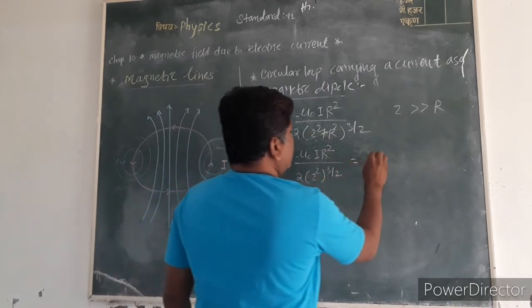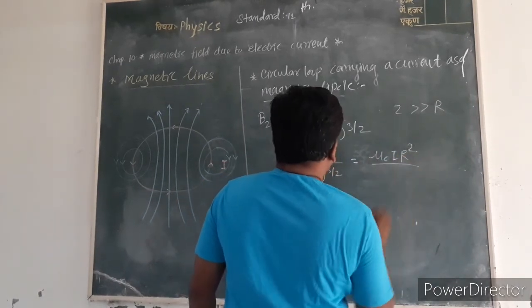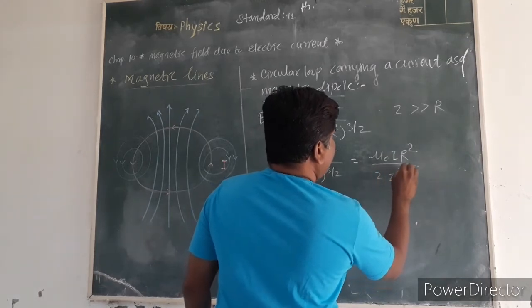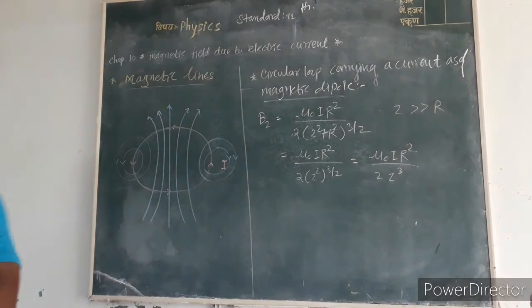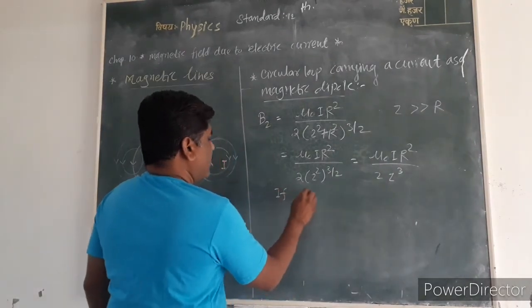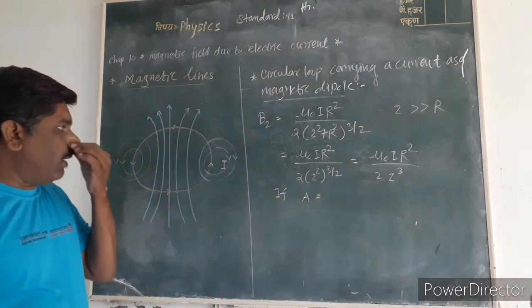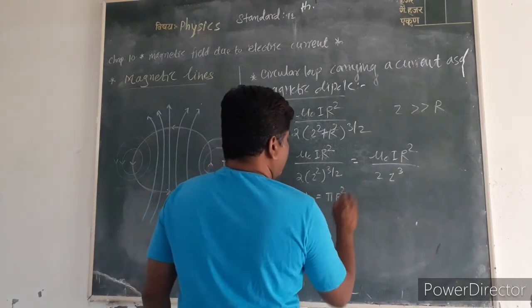Now this is equal to mu 0 I r square divided by 2 z cube. If capital A is the cross section area of the loop, this is equal to pi r square.